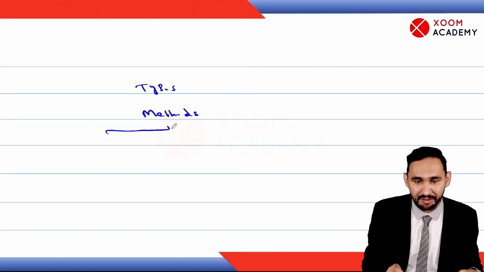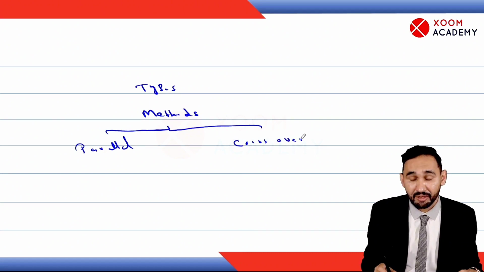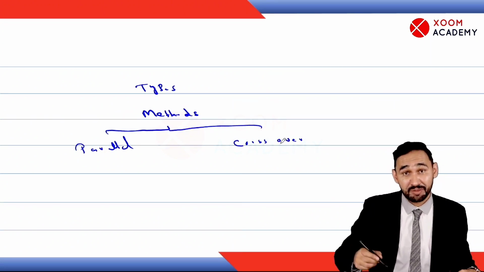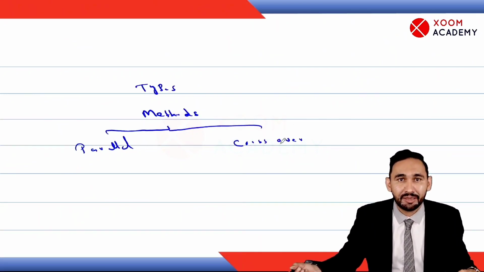This is asked in university questions. You must remember parallel and crossover. In a crossover study we do switching: we change the placebo group to study group and the study group to placebo group.